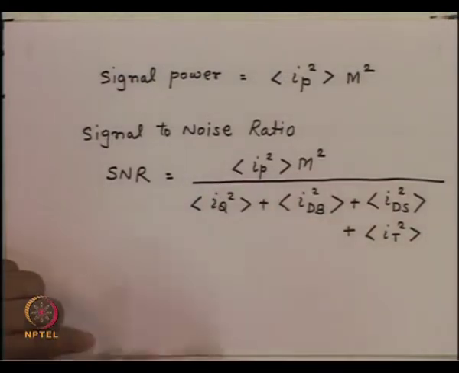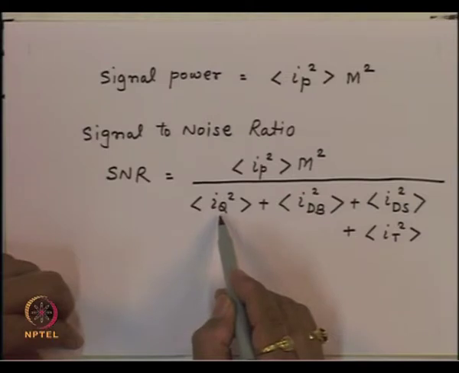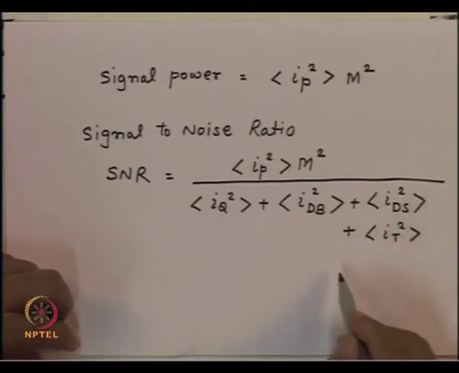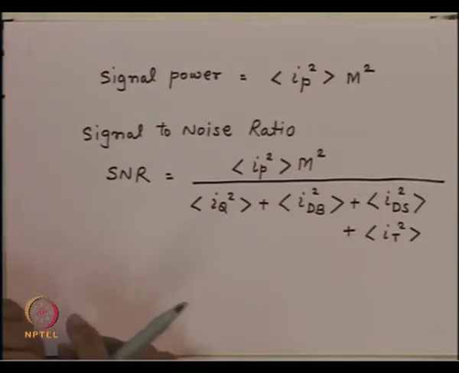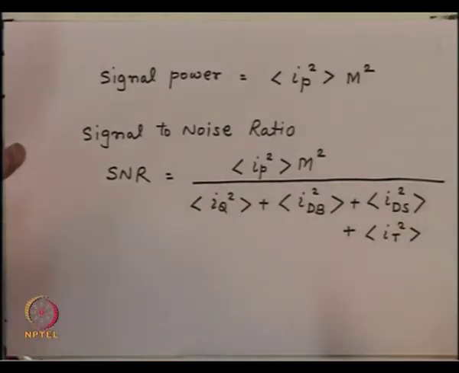As we saw last time, the signal to noise ratio depends upon the power in the signal divided by the mean square value of the quantum noise, plus the bulk dark current noise, plus the surface dark current noise, plus the thermal noise which is in the resistances. Once you get the SNR value, then we can calculate the corresponding bit error ratios. So, in the next lecture, starting from the signal to noise ratio which you have derived here, we will try to get the parameter called the bit error ratio.